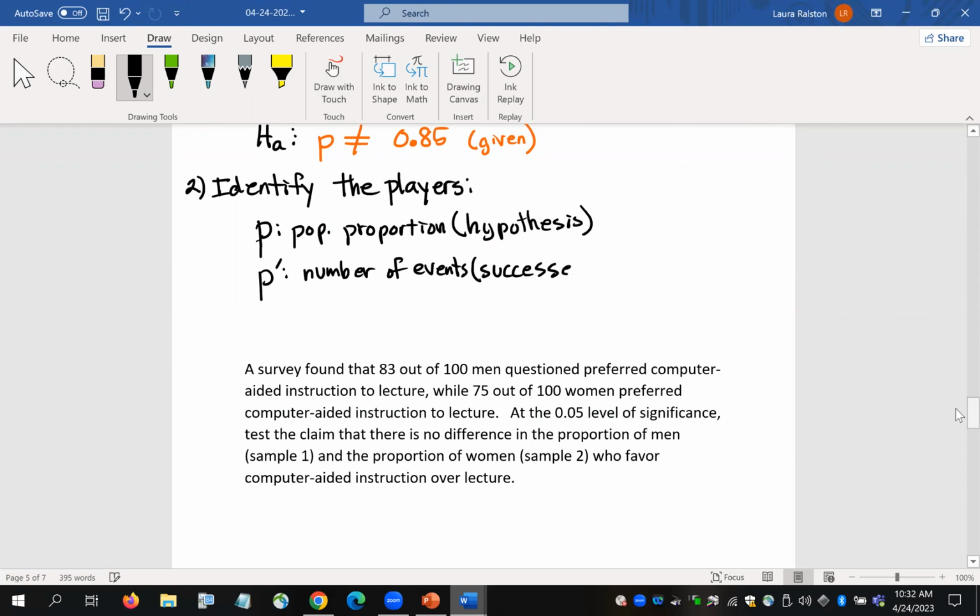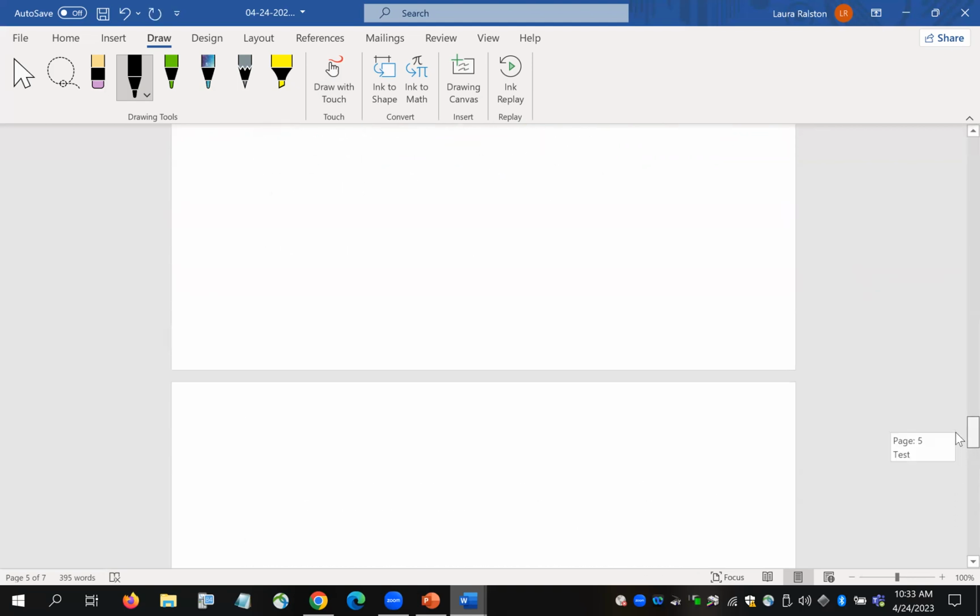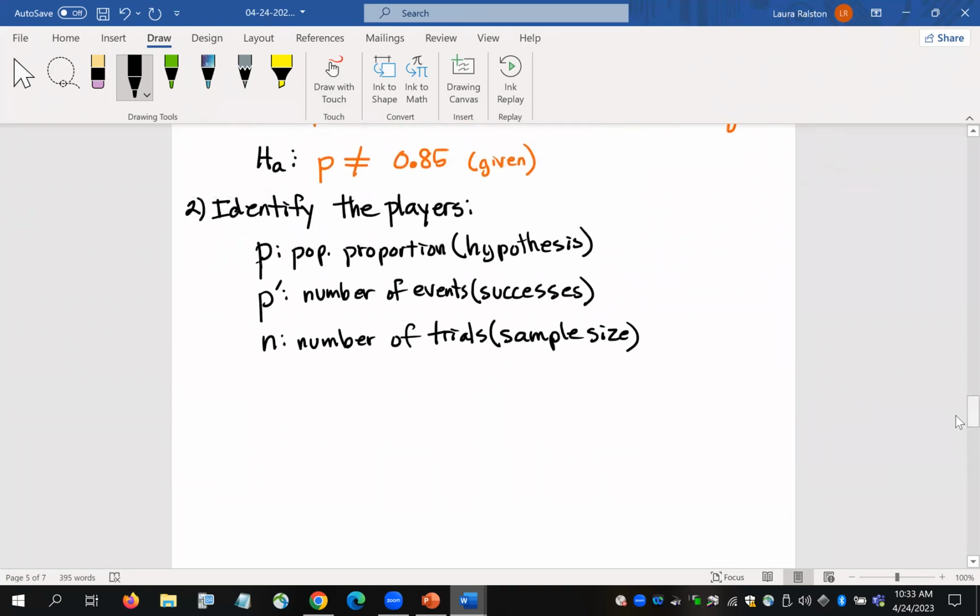You get what you want. N is the number of trials, which represents your sample size. You need alpha, which is your level of significance. And then you need your confidence level.